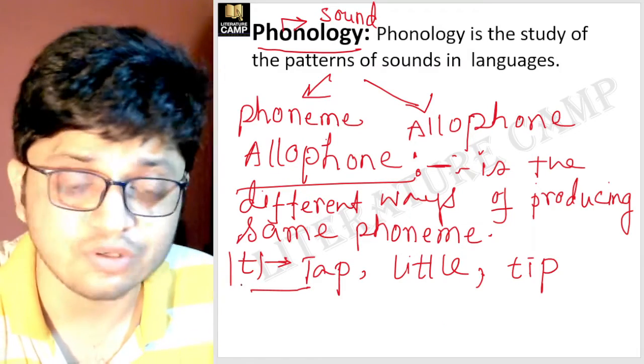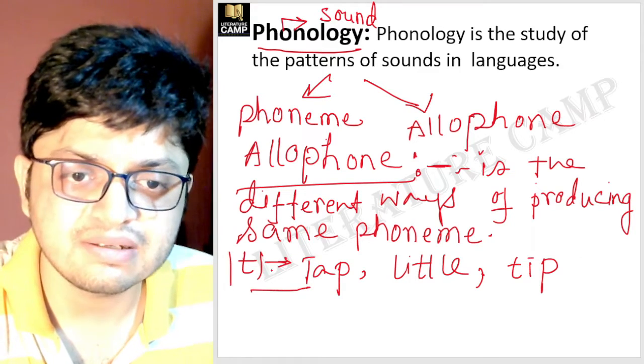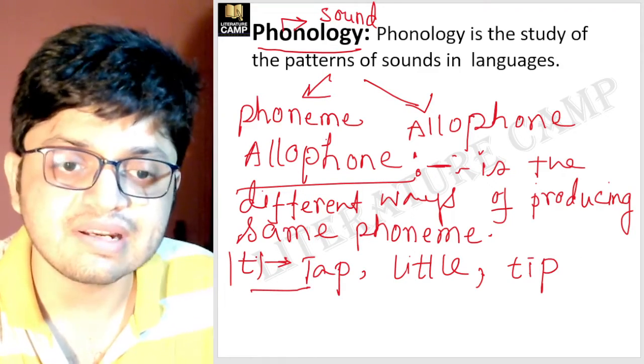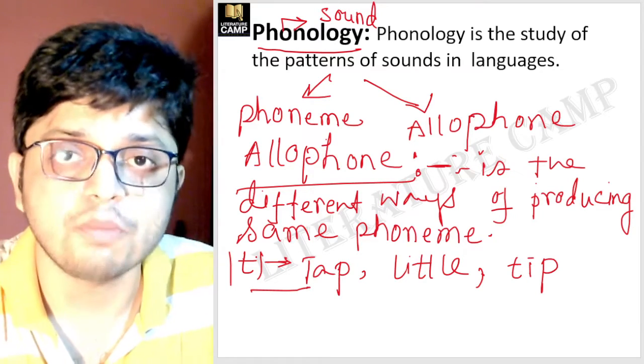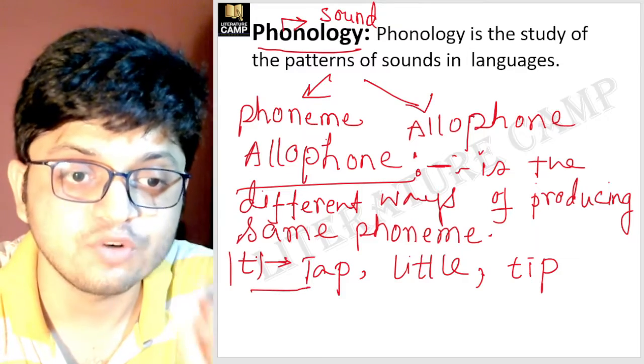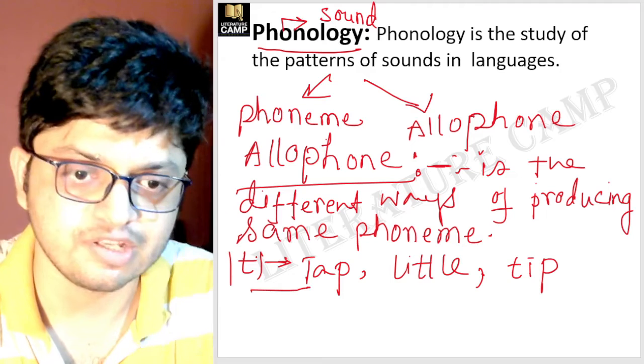So this phoneme, the sound, it is producing different sounds. So it is different ways of producing the same phoneme. That is called allophone, right? I hope you have understood.